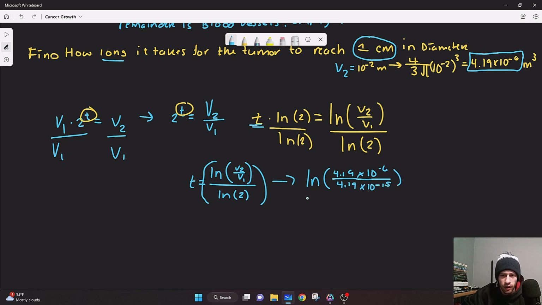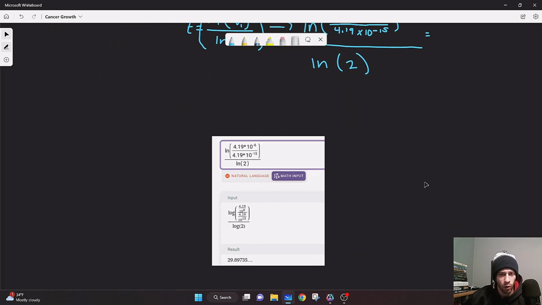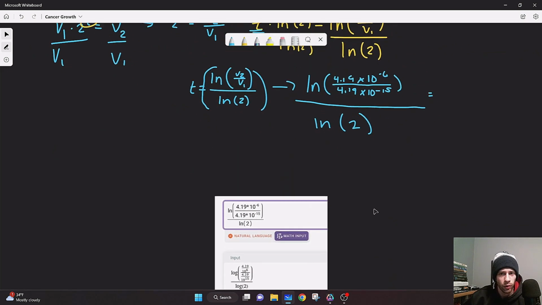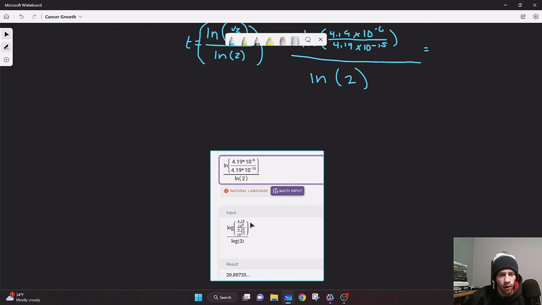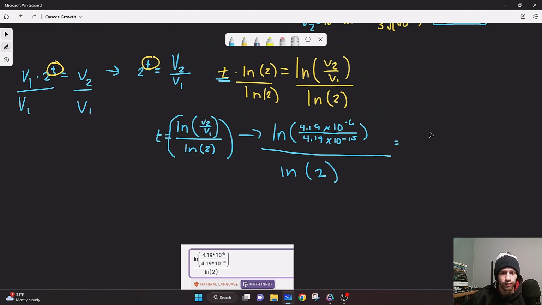And then we divide all of this by the natural log of 2. I'll calculate it in a calculator. Okay, according to Wolfram Alpha, all of this calculated, we get 29.89, so roughly 30 days. And that is our answer.